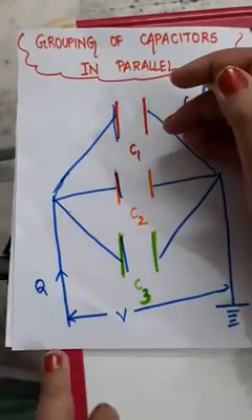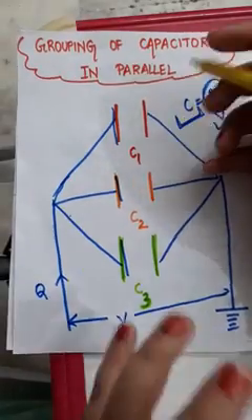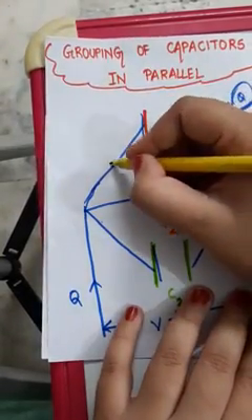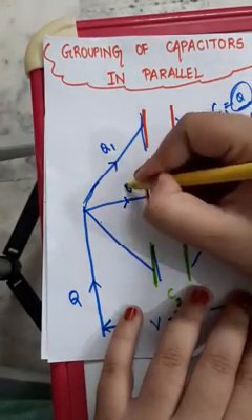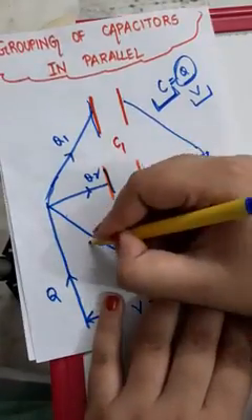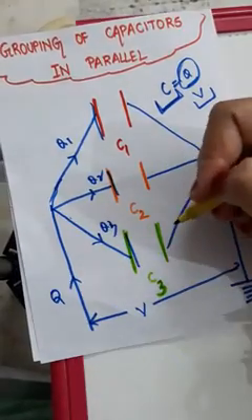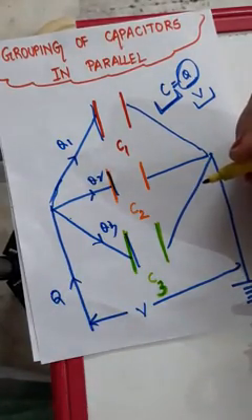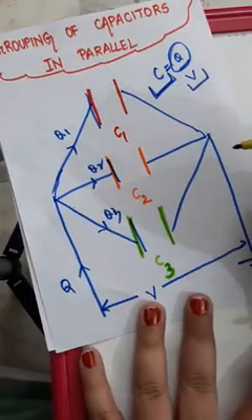This means that the charge given to these three capacitors will distribute itself such that Q1 is the charge over here, Q2 is the charge over here, and Q3 is the charge that goes over here. So Q1, Q2, Q3. So this is the parallel combination of the capacitors.